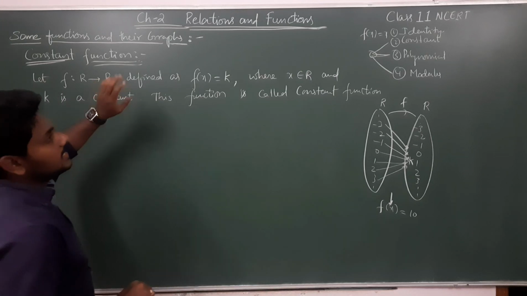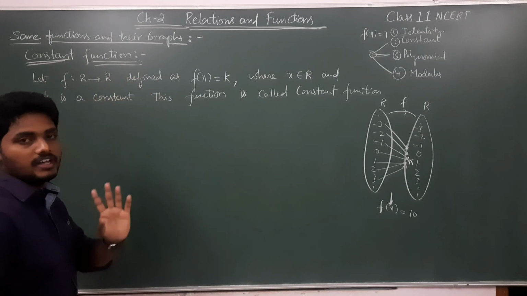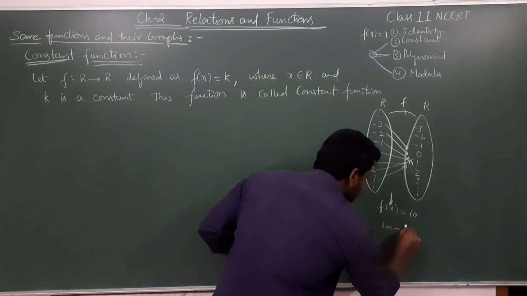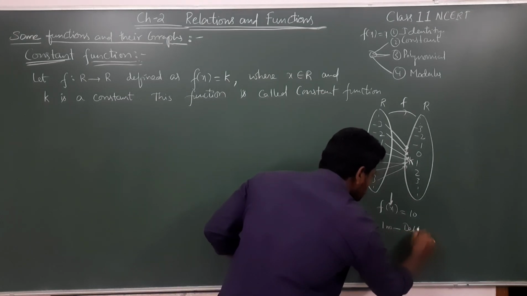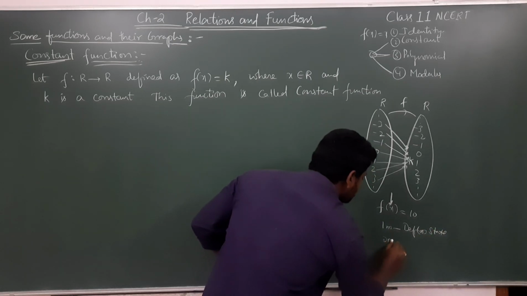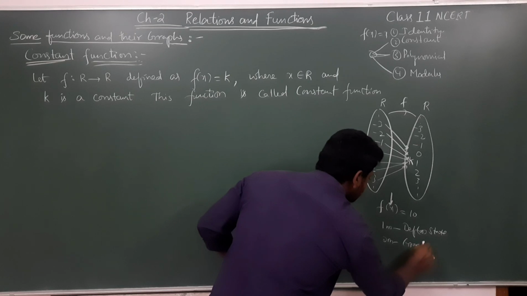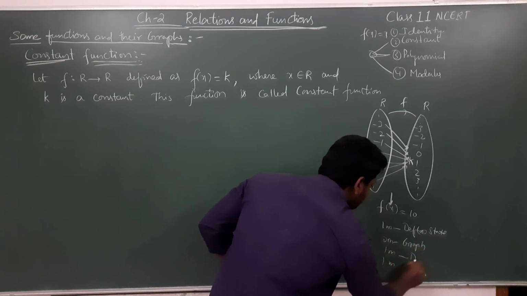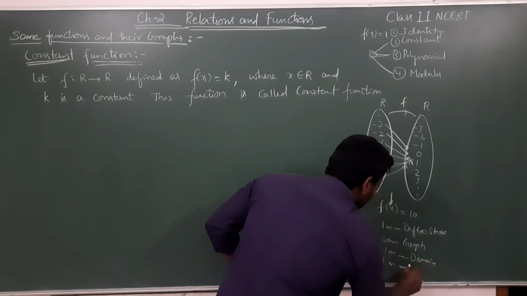As I said, this question will come for 5 marks: 1 mark for the definition or statement, 2 marks for the graph, 1 mark for the domain, and 1 mark for the range.